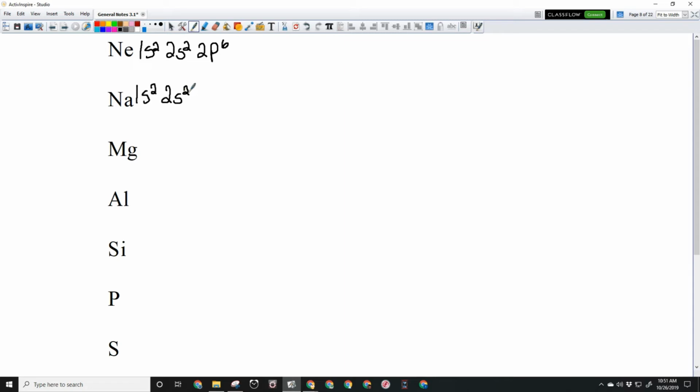S orbitals have 2 electrons to be filled, so that's what the 2's are. The 2p orbital is filled, so 2p6, it holds 6 electrons. And then sodium is 3s1. Okay, so let's go back.